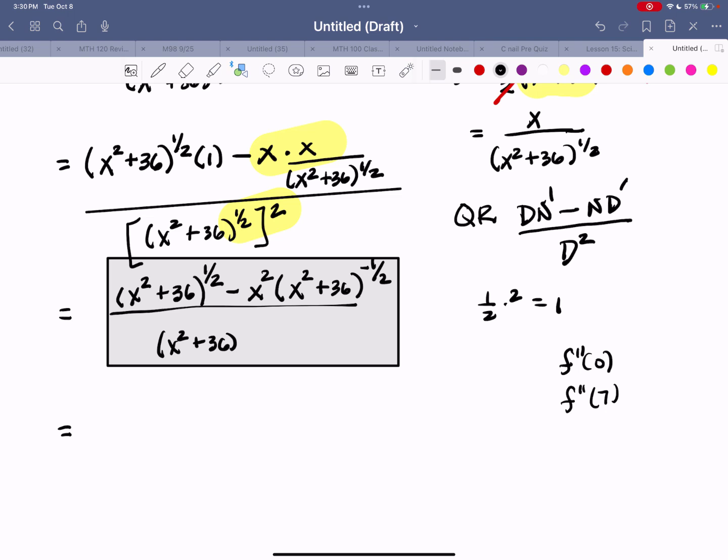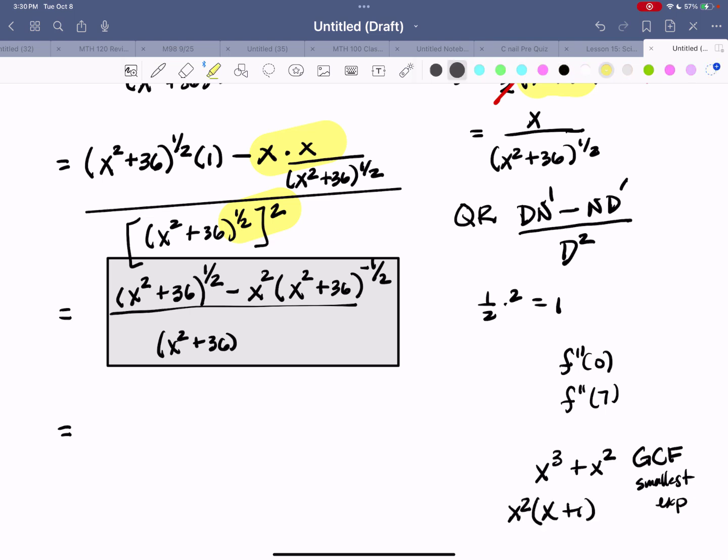Now, remember when you have factoring, let's say I have x cubed plus x squared, and I want to take out the greatest common factor, I have to take out the lowest exponent, or the smallest exponent, I guess I can say. The smallest exponent is all I can take out. So here I can only take out an x squared because the second term here only has an x squared.